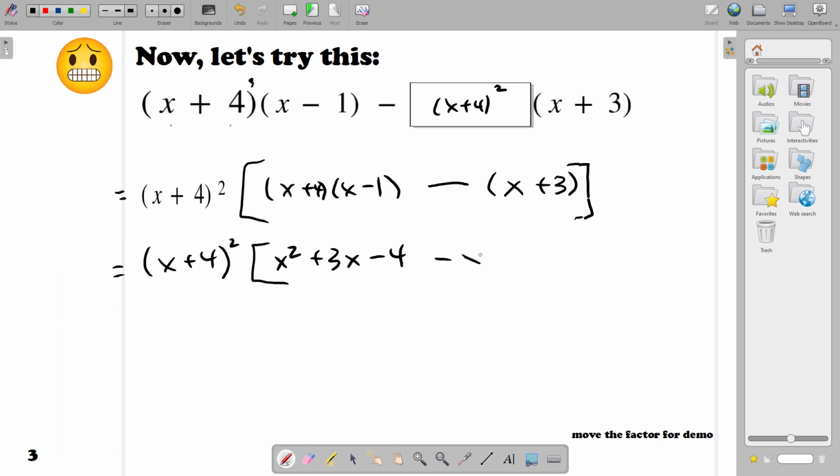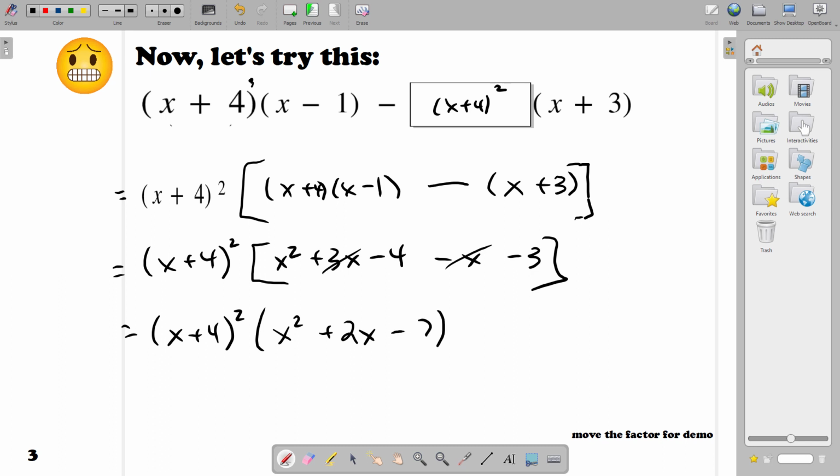Distribute this negative, we get negative x minus 3, and so this is x plus 4 squared times x squared, and 3x and negative x is 2x, and negative 4 and negative 3 are negative 7. So this original expression would factor into this.